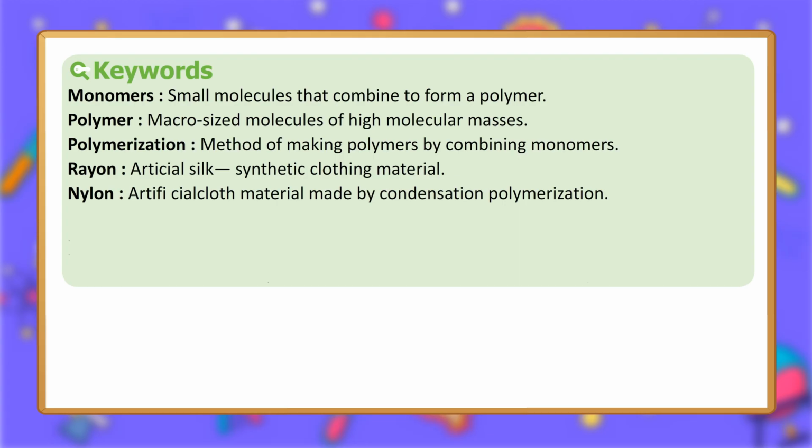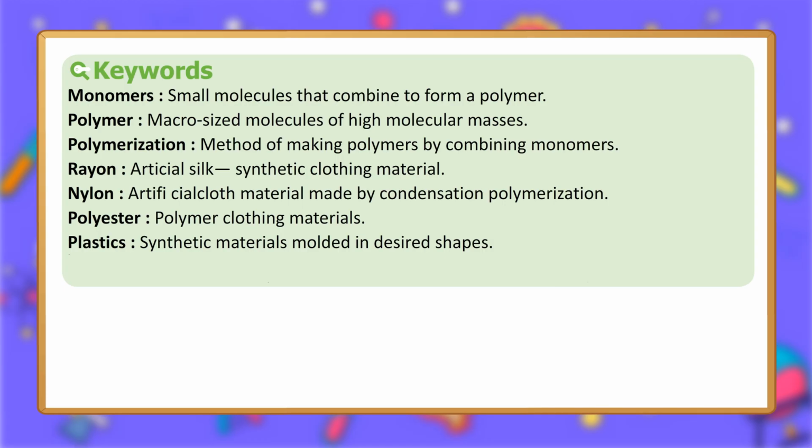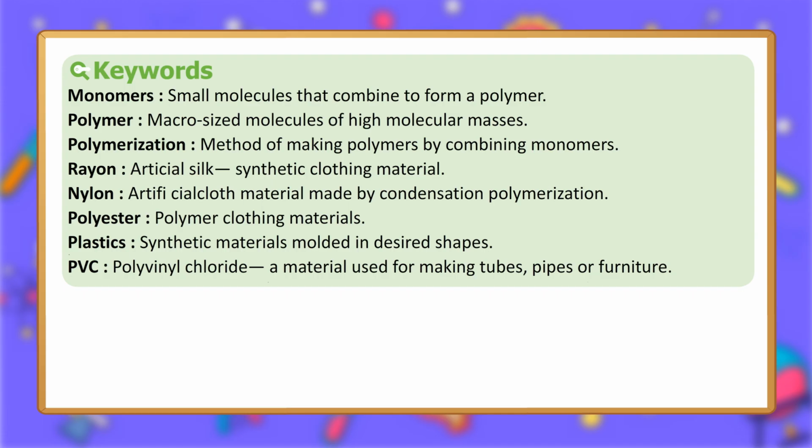Nylon: artificial cloth material made by condensation polymerization. Polyester: polymer clothing materials. Plastics: synthetic materials molded in desired shapes. PVC: polyvinyl chloride, a material used for making tubes, pipes or furniture.